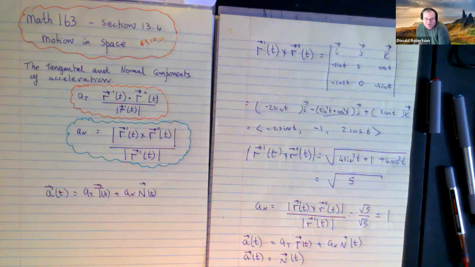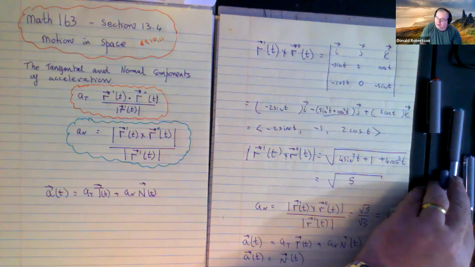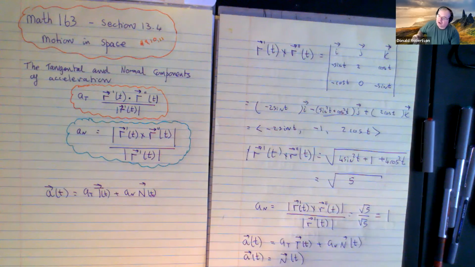Now, I have no idea if that's very interesting. To me, mathematically, it's interesting, but it may have a very interesting meaning in the motion of objects in 3D space. In other words, if you spiral as you move, you will generate an acceleration force in one direction only, and that will be in the direction of how you're curving. So that would be towards the center of your spiral.